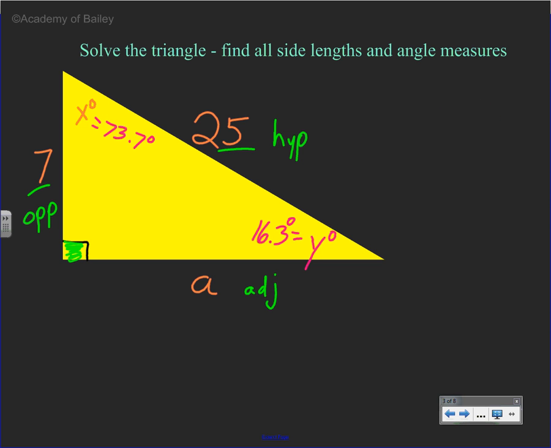And calculating the third side, side A down here, is fairly easy because if we have a right triangle, we have two of the sides, and we are trying to find the third side. We just go ahead and use the Pythagorean theorem. So we have a squared plus 49 is equal to 625.